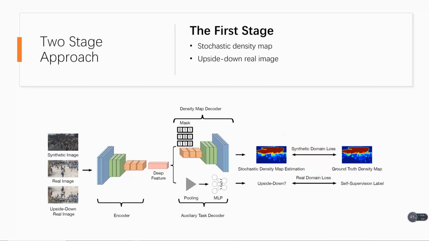One problem for a model trained with only synthetic data is that, as the model only uses synthetic data in the training stage, it overfits the synthetic domain, and thus works poorly on the real domain. We address this problem by also using unlabeled real images in the training stage, by randomly rotating the real image upside down and adding another task to predict whether the unlabeled real image is upside down or not.